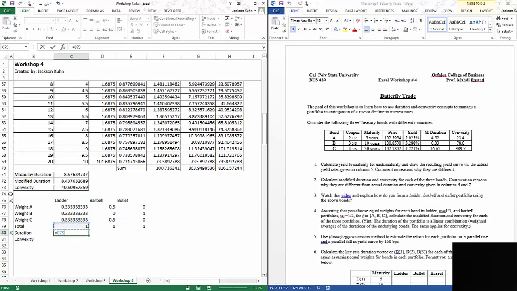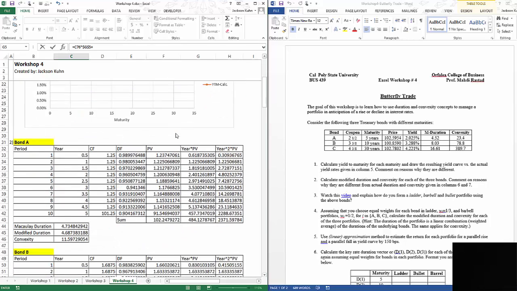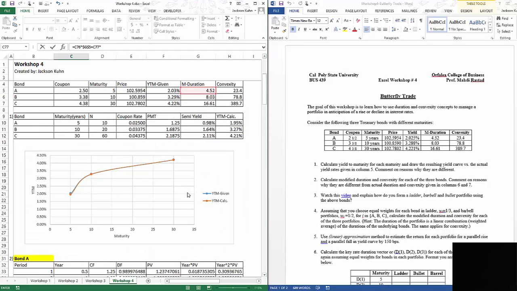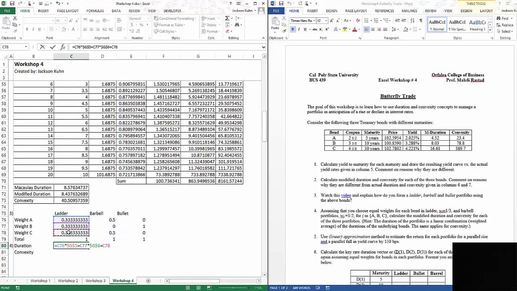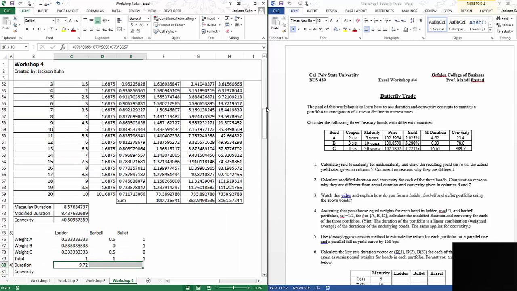So for each of them, it's going to be our weight in that bond, so weight in A times duration for A, and we're going to want to lock our durations when we go back up here, plus our weight in B times our duration for B, and we'll lock that, plus our weight in C times our duration in C. So we can now drag that across and it'll fill out each of our portfolios.